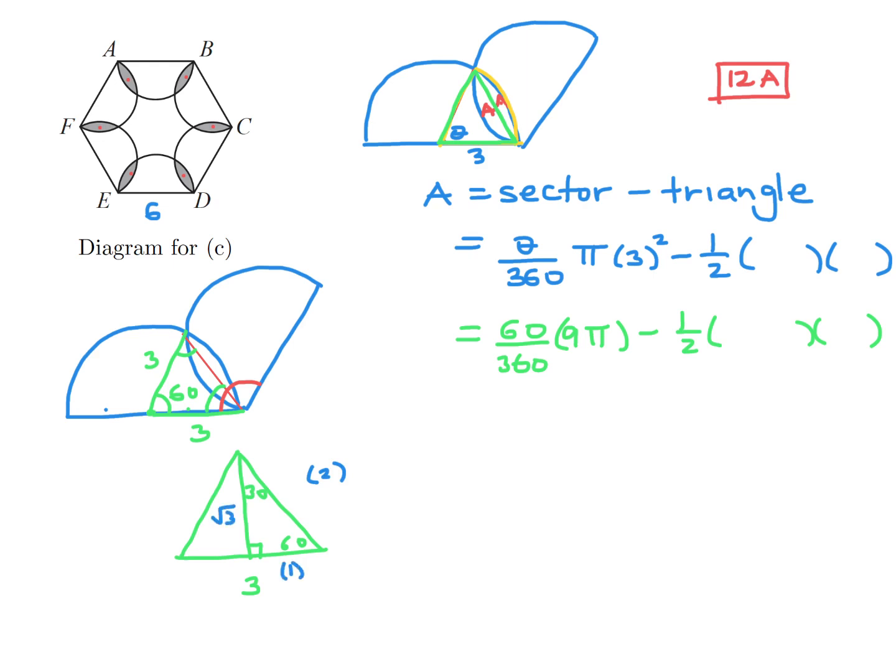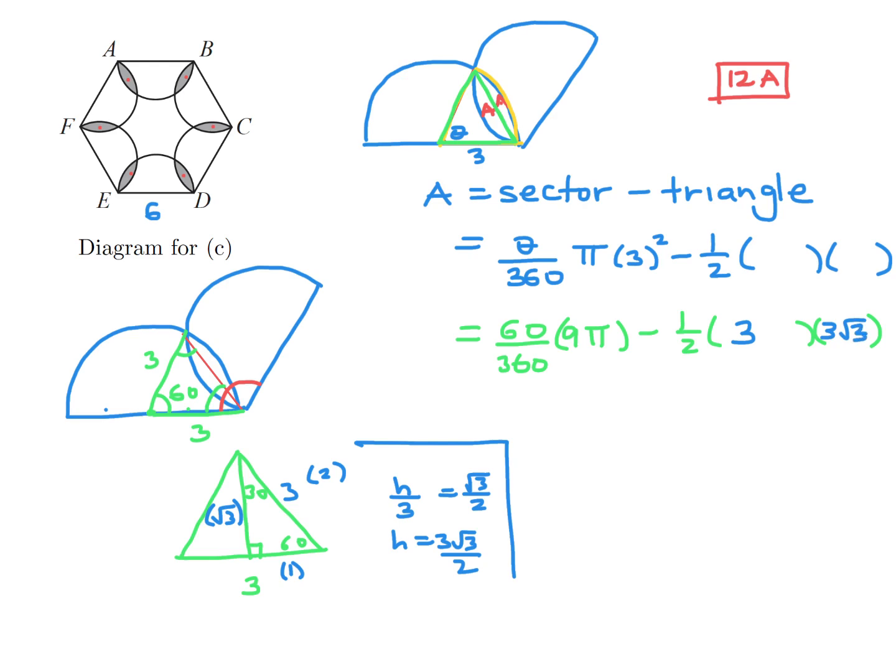So that means that if that's 3 there, then we have the height over, let's say, 1. The height over 3 is the equivalent of root 3 over 2. So the height is 3 root 3 over 2. If I have done that correctly. I believe I have. Okay, so the 1/2 base, put 3 there, and the height, 3 root 3 over 2, and off we go.